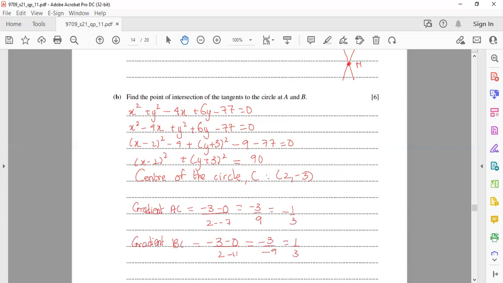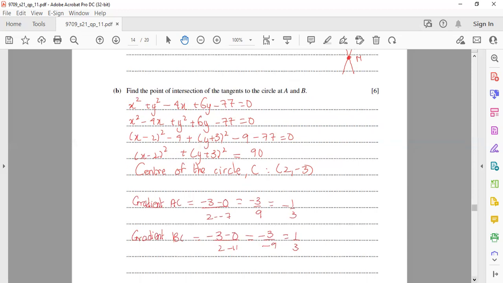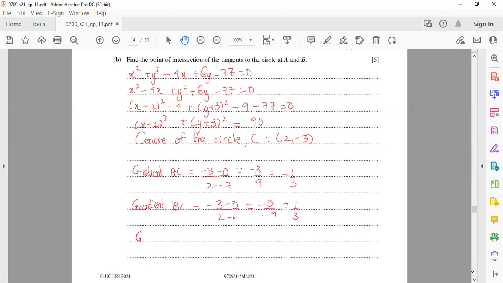So I have the gradient of AC and the gradient of BC. I can find the gradient of the tangent at A. The gradient of the tangent at A would be 3, because m1 times m2 should give me minus 1.